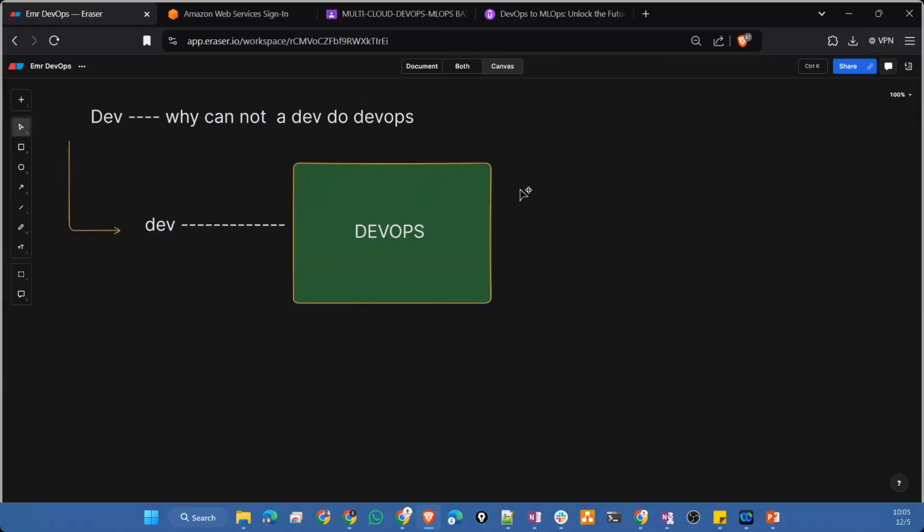In the same way, when there is a data science engineer, why is MLOps needed?